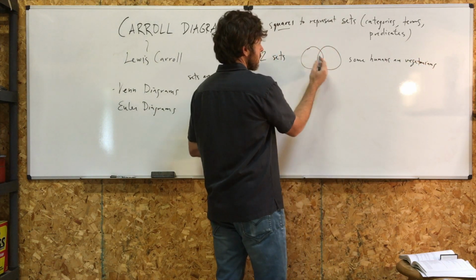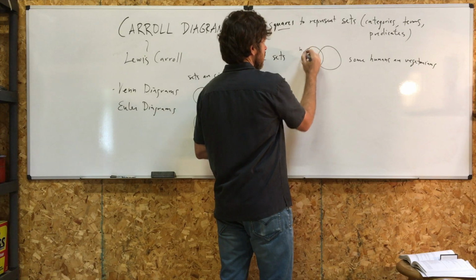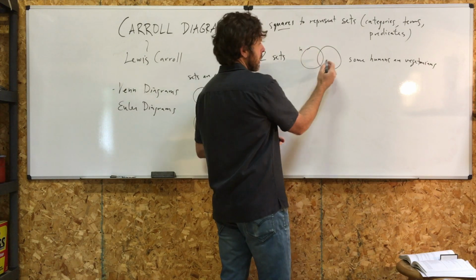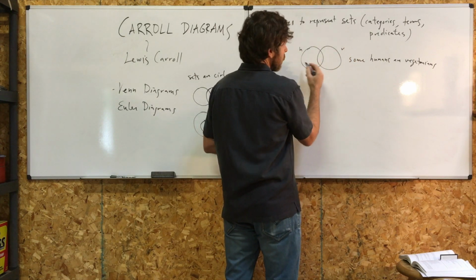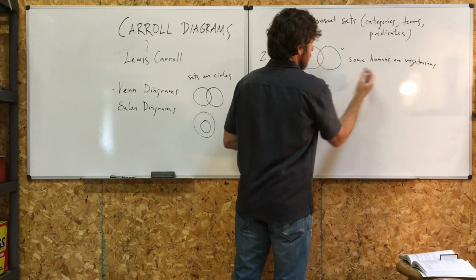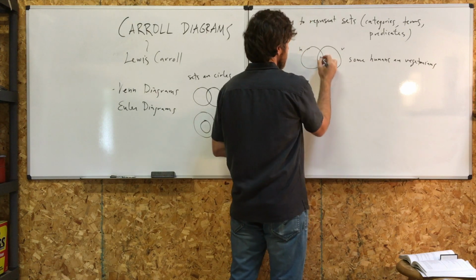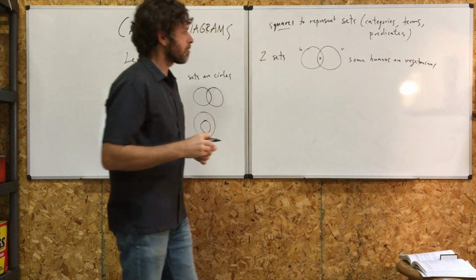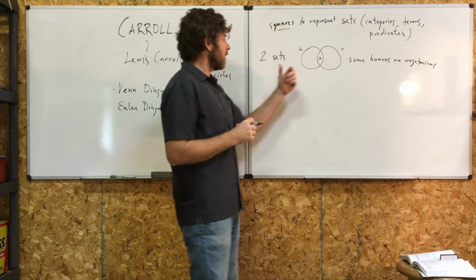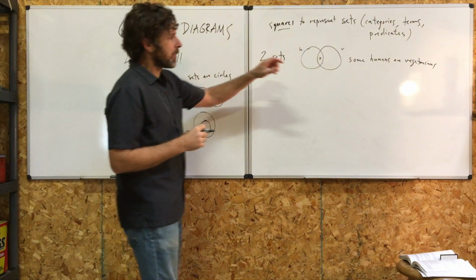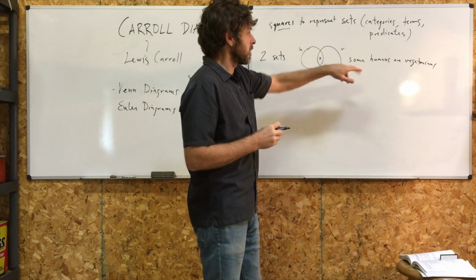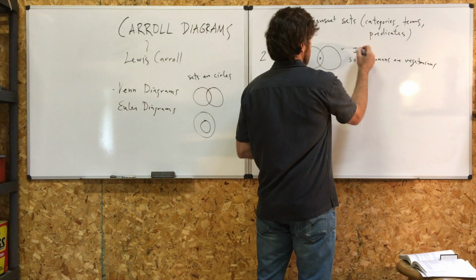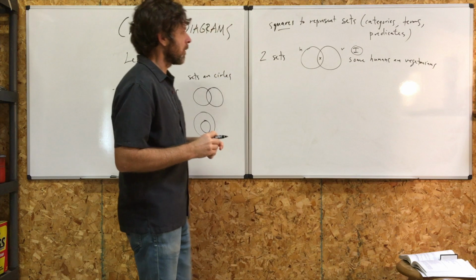This circle represents humans, call it H. This circle here represents vegetarians. And if you want to say at least one human is a vegetarian, some humans are vegetarians, you put an X right there. So that's the way Venn would diagram this statement right here. Remember what standard form this is? This is an I statement. Okay?